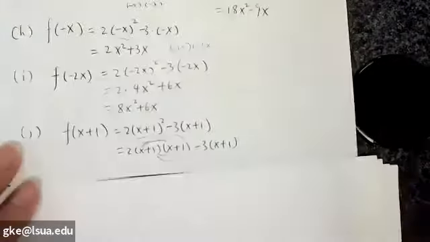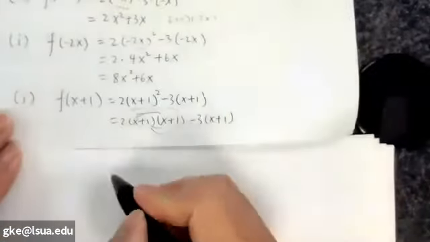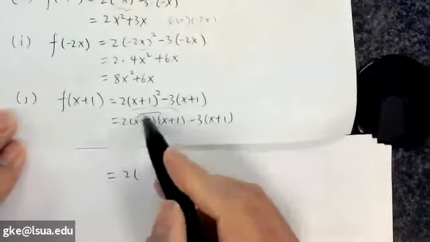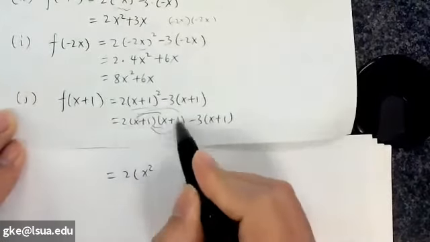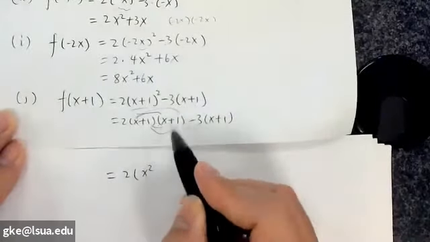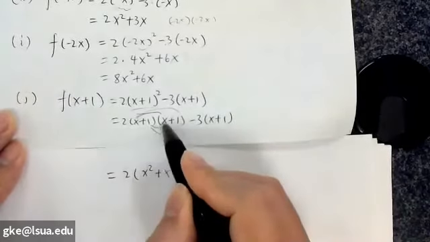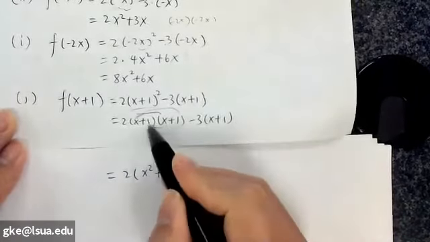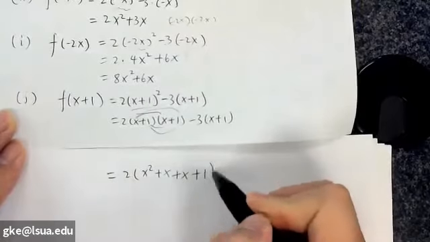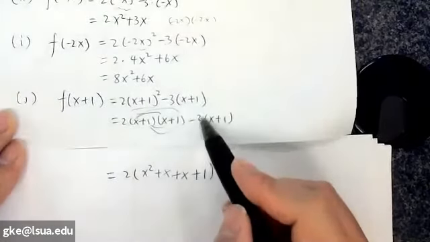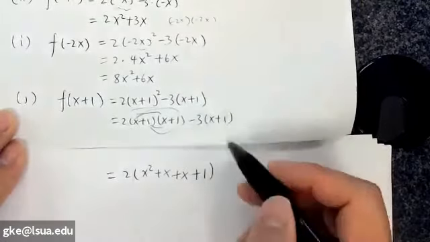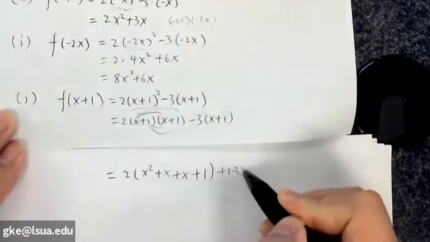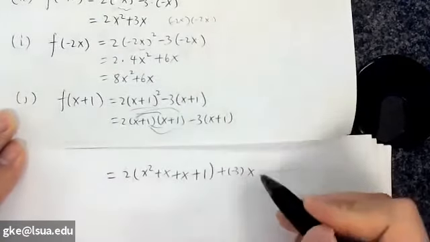And then we have 2x times x is x squared, x times 1 is x, 1 times x is x, 1 times 1 is 1. And here is the distribution: negative 3 times x, negative 3 times 1.